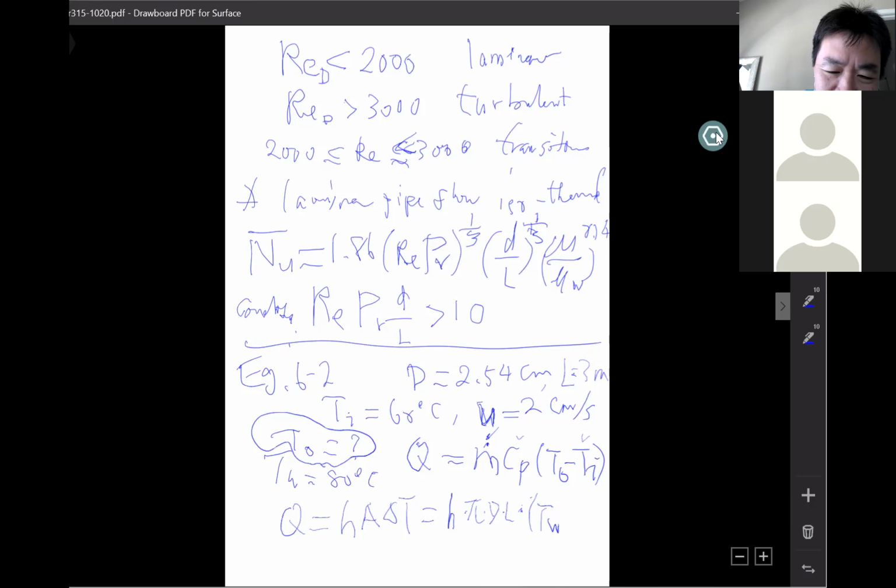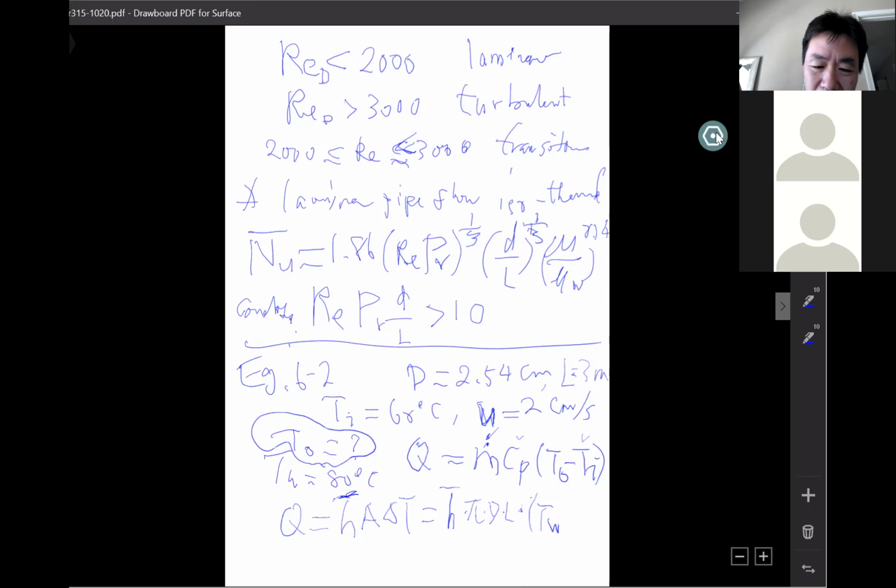Average heat transfer coefficient, because this is an isothermal condition problem, right? I put the average h bar, right? You're going to use this equation on the same page here, okay? Nusselt number average. Wall temperature is not average, it's a constant wall temperature. So you probably need to have an average bulk temperature. Exactly, but you can just say the bulk temperature for the entire pipe.